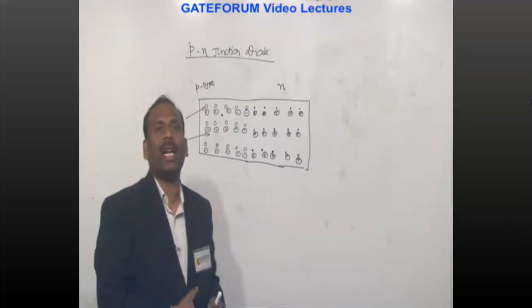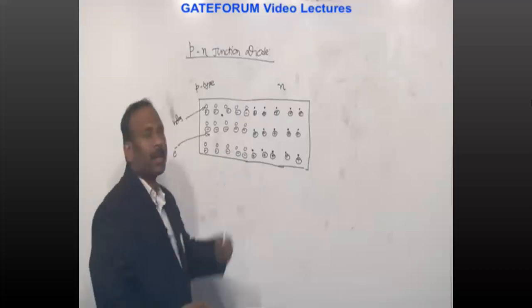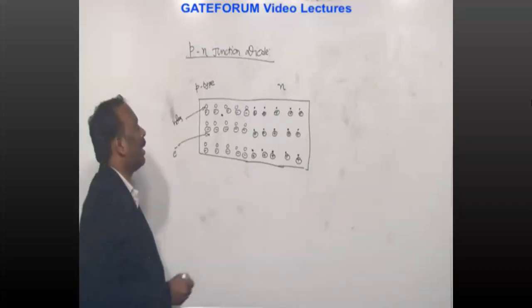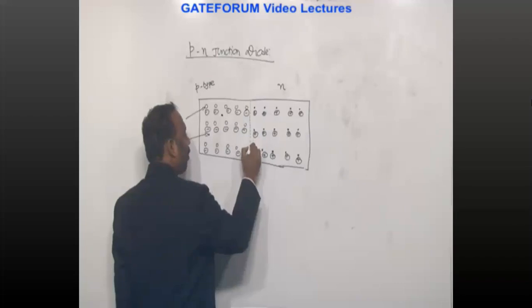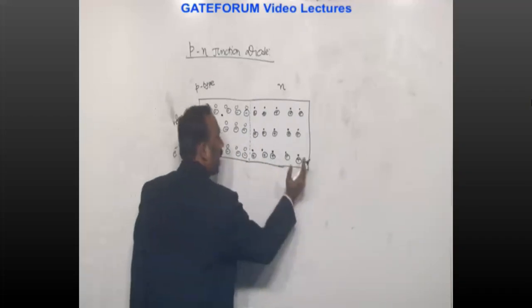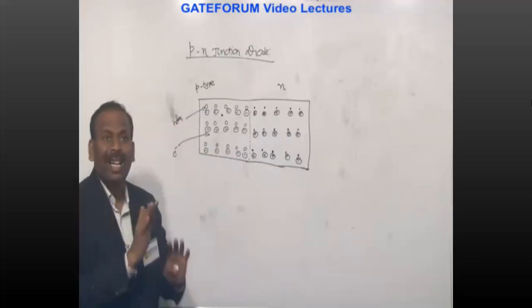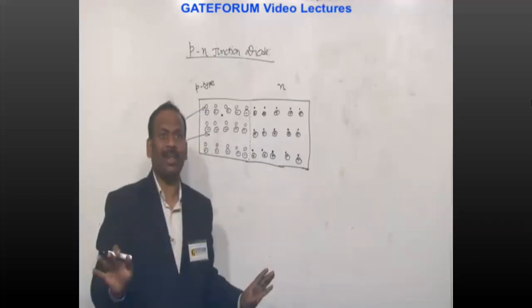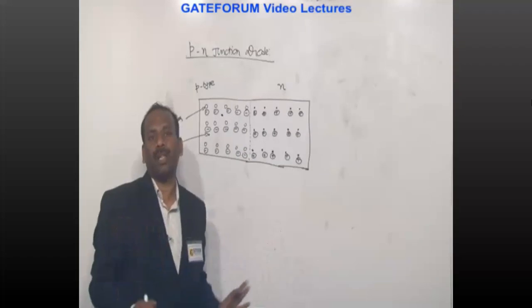On the other side we have added phosphorus impurities, nothing but donor impurities. Then it is represented like this. There is an imaginary surface which separates the p-type and n-type semiconductors, and I have represented it with dotted lines. There is no clear-cut boundary. We are assuming it's there because of the separation.